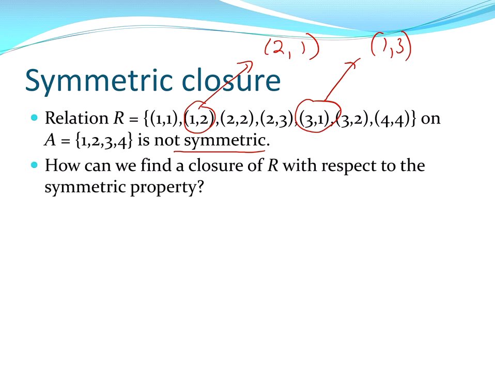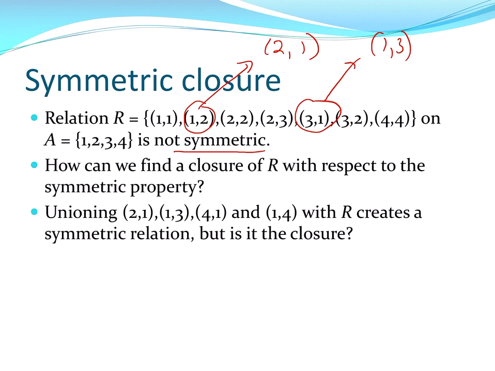Now the question is, how could we find the closure of R with respect to symmetry? And here's a proposal. What if I take the union of the two elements that I noted were missing and I include (4, 1) and (1, 4)? Well, that relation will be symmetric, but is it the closure?